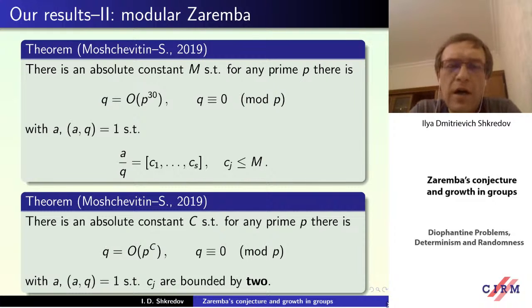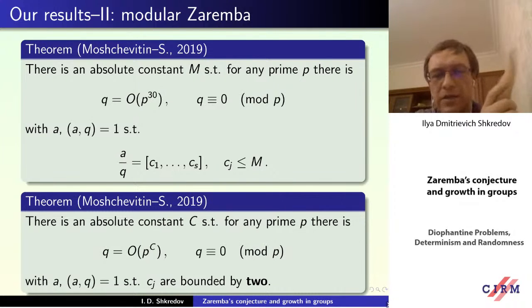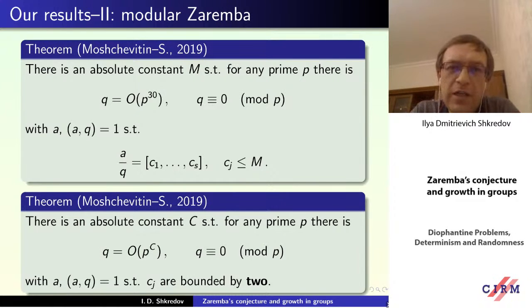Let me say now a few words about our new results. Our new result with Nikolai concerns the so-called modular version of the Zaremba conjecture. This question was considered by Hensley, who obtained some results in this direction.